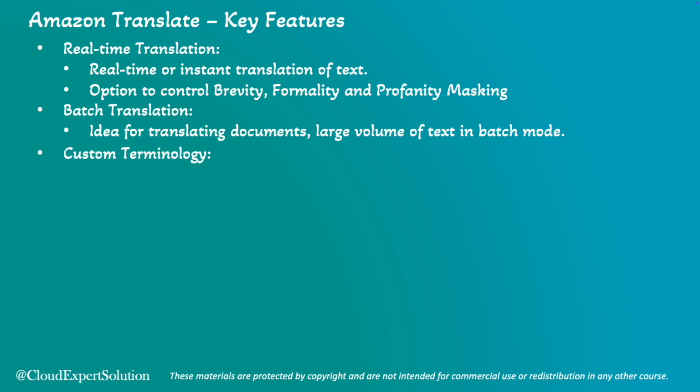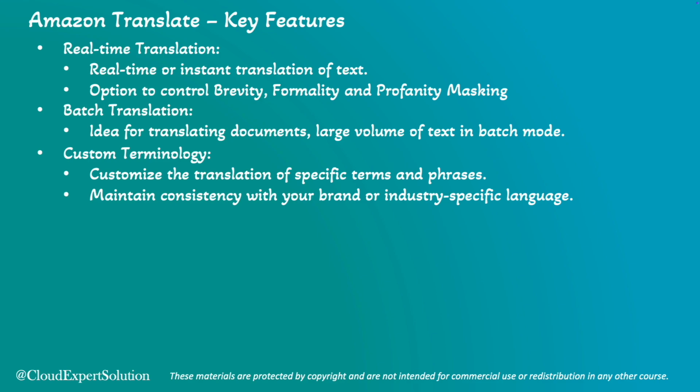You can also use it to create custom terminologies. This feature allows you to customize the translation of specific terms and phrases to ensure consistency with your brand or industry-specific language. For example, a company can ensure that the product names and technical terms are translated correctly in different languages.